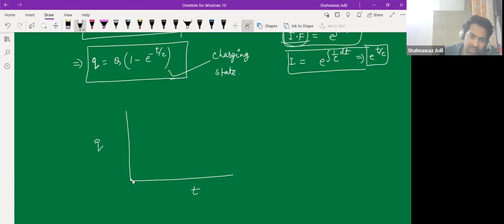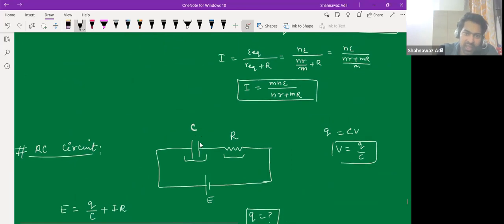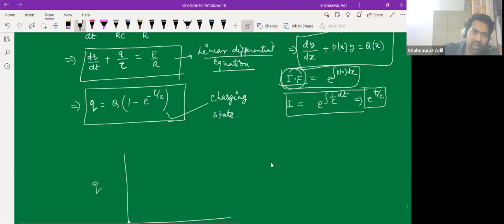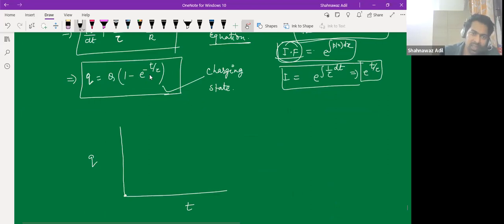So in the charging state, the charge in the capacitor is 0 initially, and then gradually the charge will increase and reach the maximum. The maximum charge is Q.